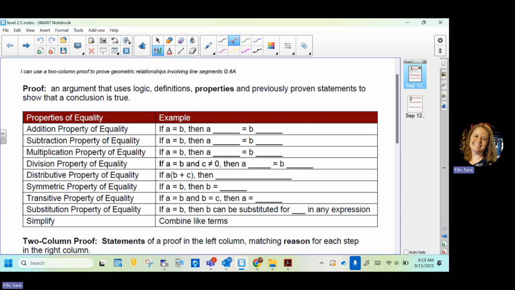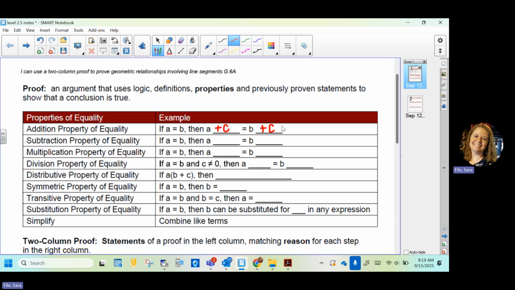Let's just use C as an example. If I add C to A, I also have to add C to B. If I add it to the left, I add it to the right, and it stays balanced. That is the addition property of equality. That's all it is, and y'all know how to do that. That's moving things across the equation by addition.